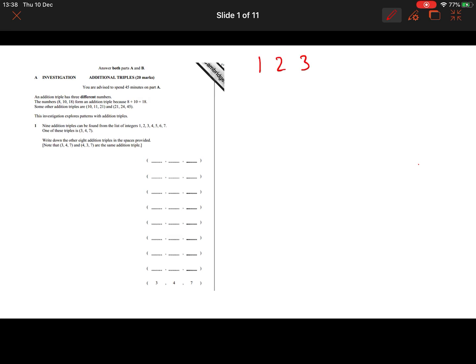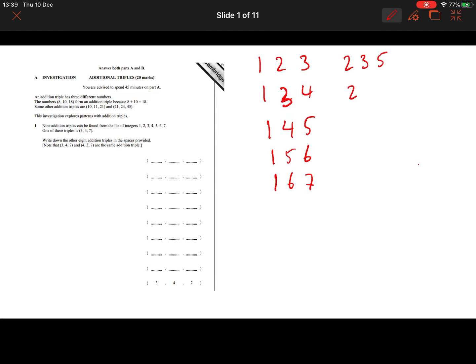So let's just use a logical approach. We can start off by saying 1, 2, and 3. We can go 1, 2, and 4. Hmm, 1, 3, and 4. We can write down all of them that start with a 1. So also 1, 4, and 5. 1, 5, and 6. 1, 6, and 7.